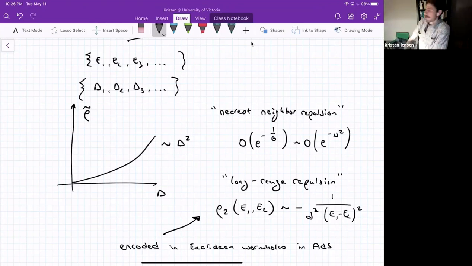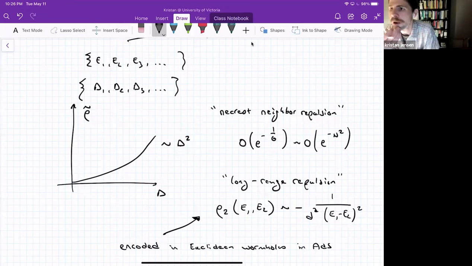Right. So the short range and the long range repulsion in a generic system are effects that are robust and generic when you are some distance away from the spectral edge. It doesn't have to be very far, but you have to be a little bit away from the spectral edge.